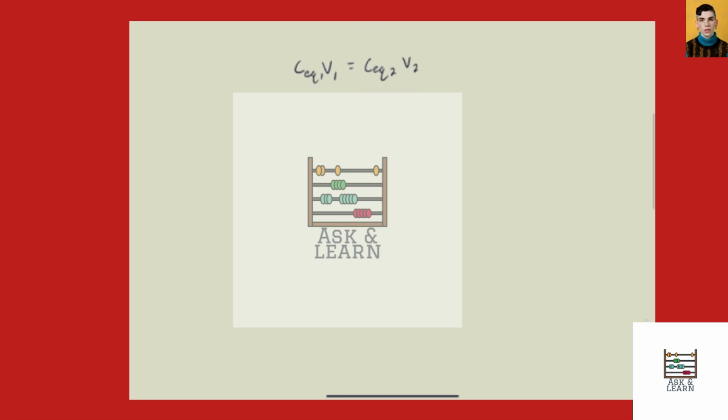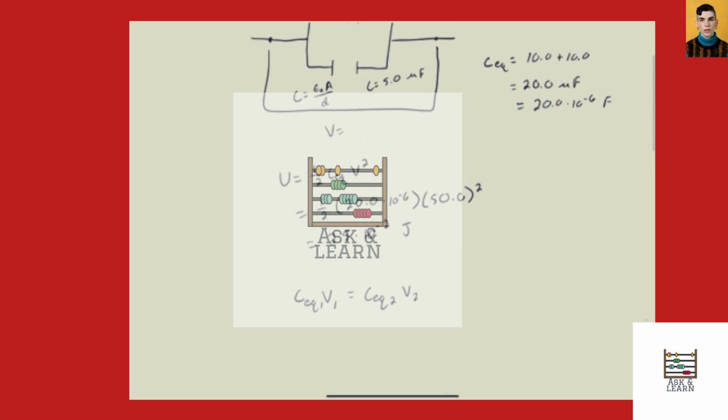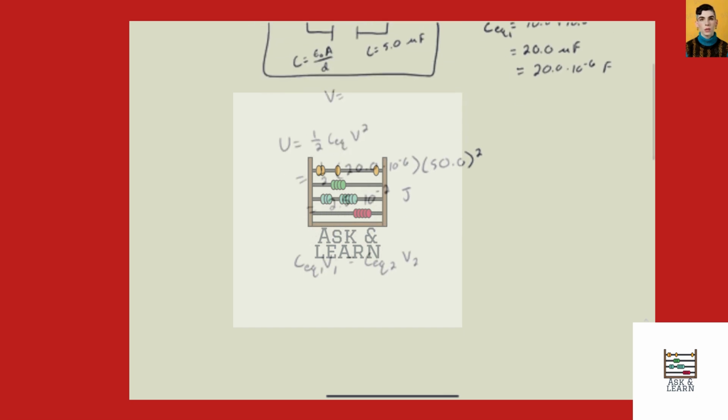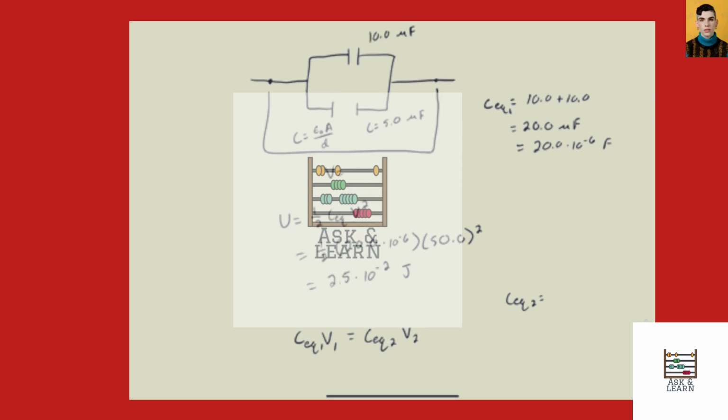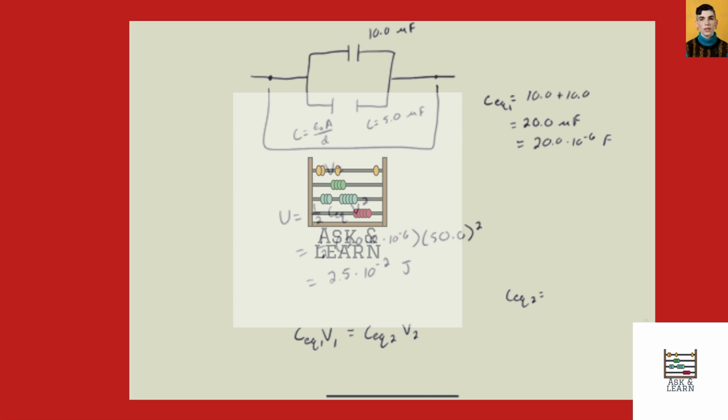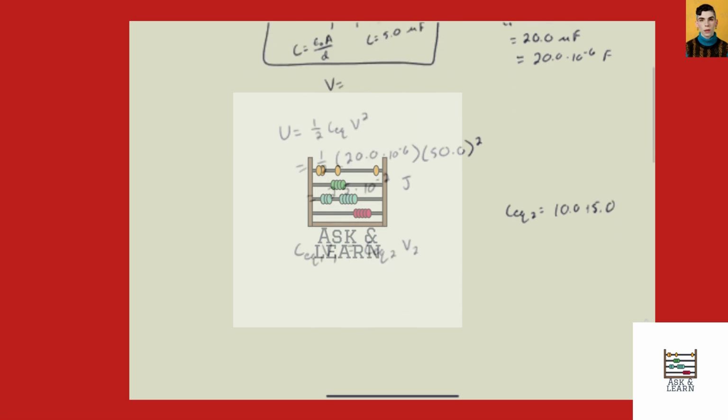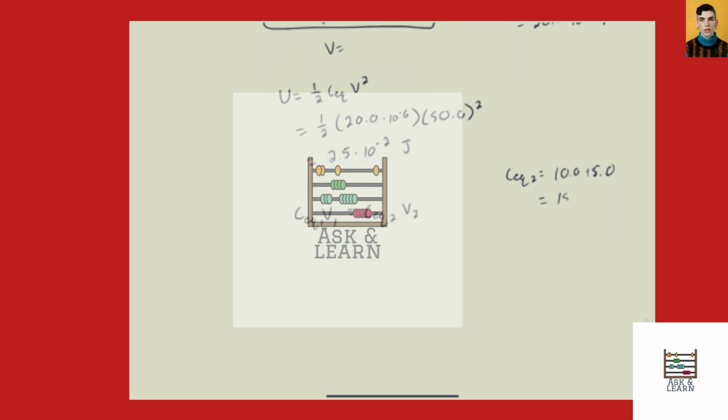So now the equivalent capacitance, this is the first one. Now the equivalent capacitance is 10 plus 5, so now we have 15 microfarads.